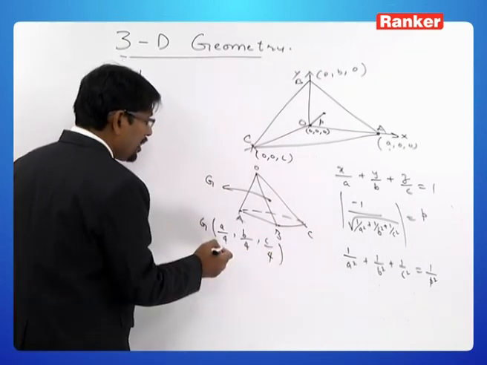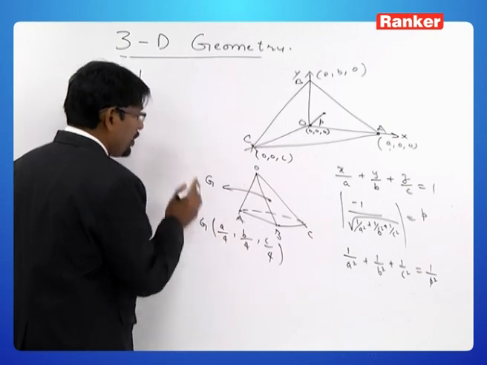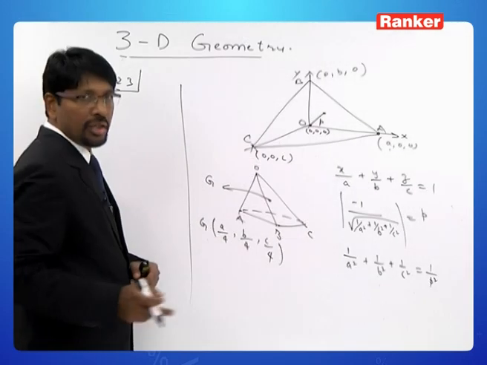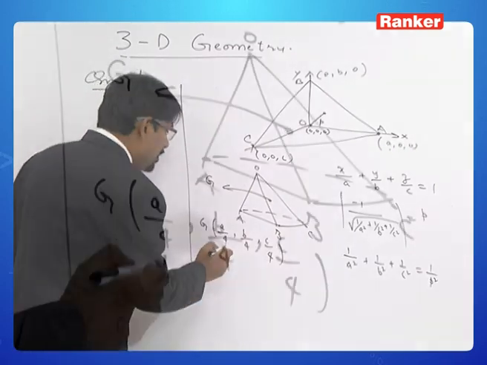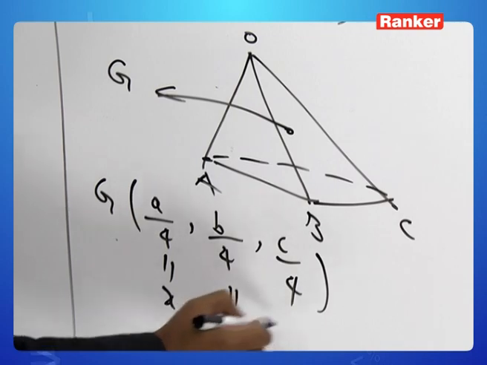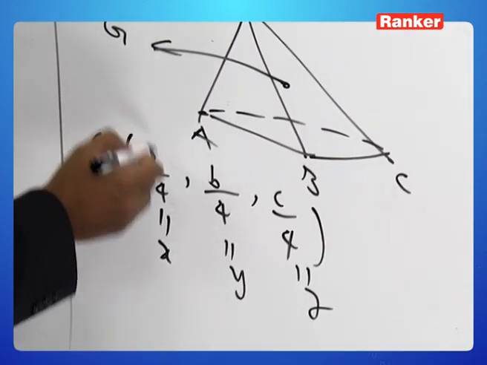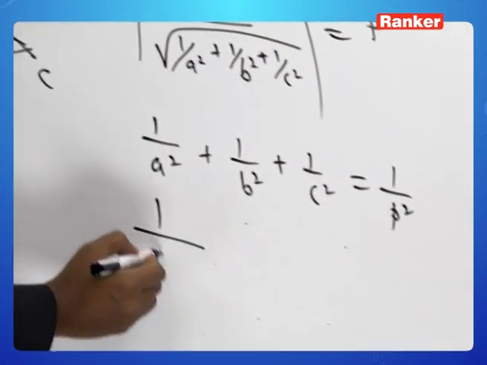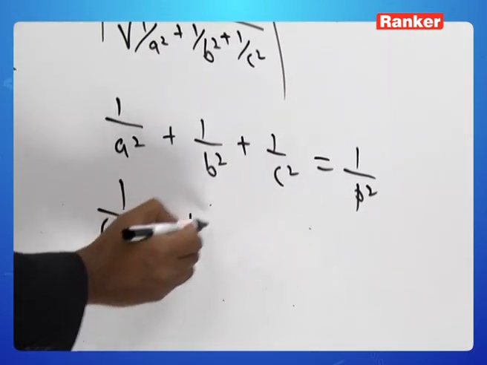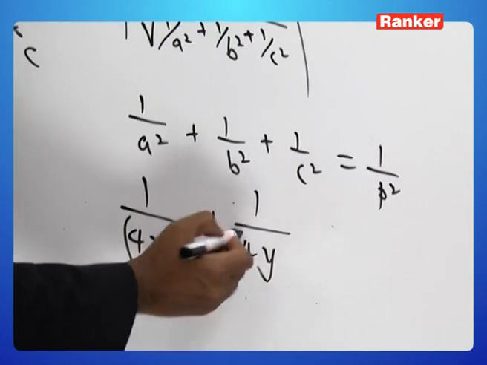Now we have to write an equation satisfied by this. We have to write the locus of G. We have an equation in a, b, c here. So let's call this point some x, y, z. So what is a? 4x. So we get 1 by 4x whole square plus 1 by 4y whole square.